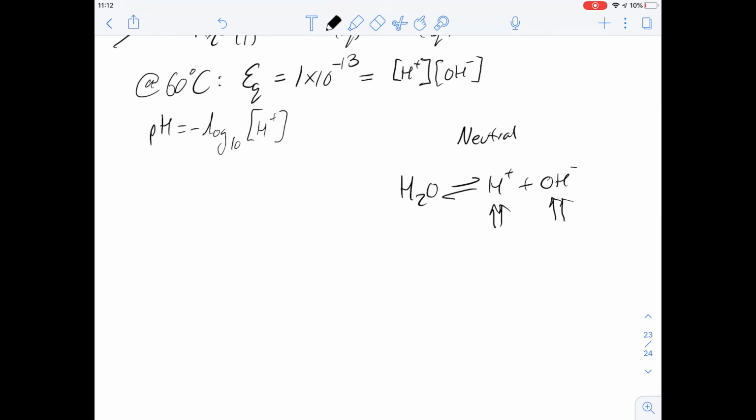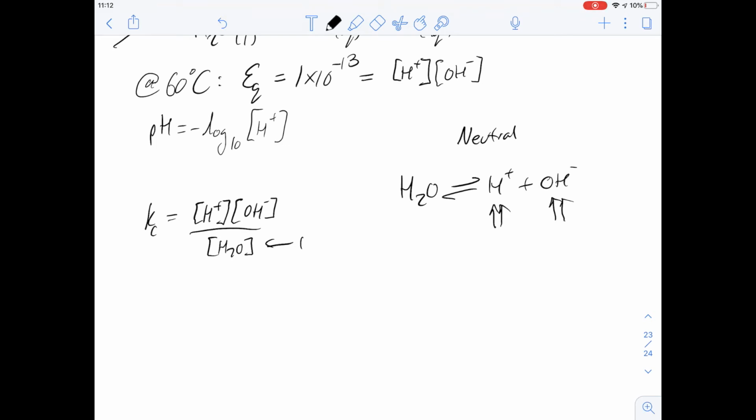So I think the easiest way to do this is probably just to work it out. So the equilibrium constant, and you can see that in a couple of different forms, is going to be the concentration of the dissociated forms divided by the concentration of the undissociated form. But what's the concentration of water? It's going to be 1, because even though water does dissociate slightly, it's very, very slight.